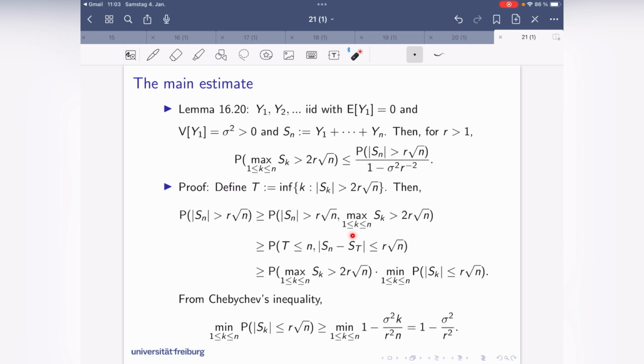If that maximum is bigger than 2r square root of n, that means t is less than or equal to n, and Sn is bigger than r square root of n, which means that their difference is at most r square root of n.